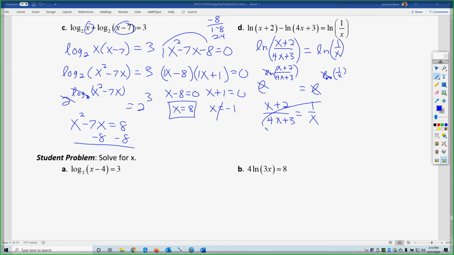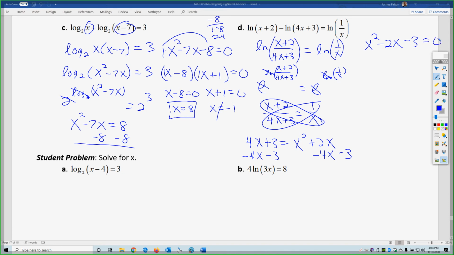So we'll cross multiply, and we'll get 4x plus 3, and cross multiply, we get x squared plus 2x. So we'll move those terms over to get our factoring problem. So in fact, we get x squared minus 2x minus 3. So that's a 1 right there.